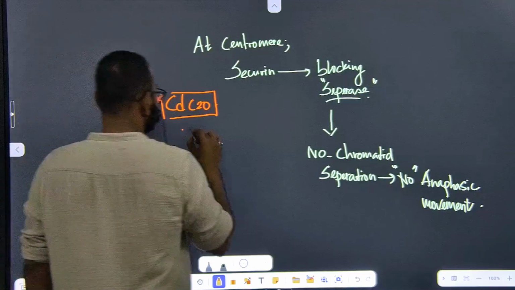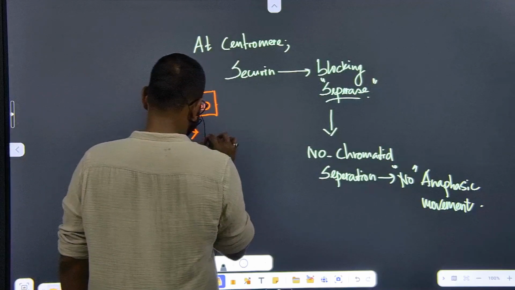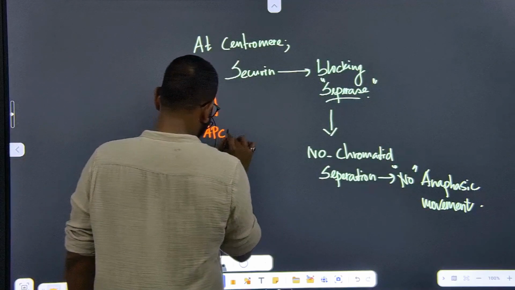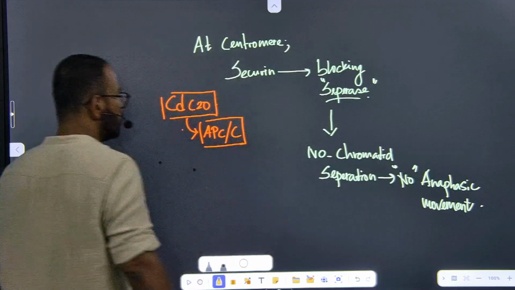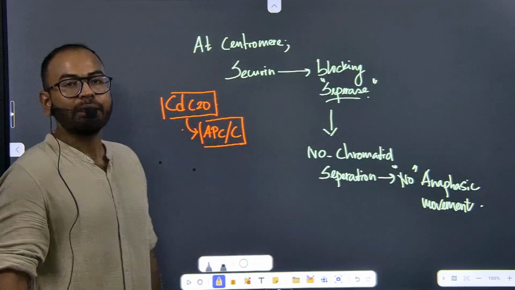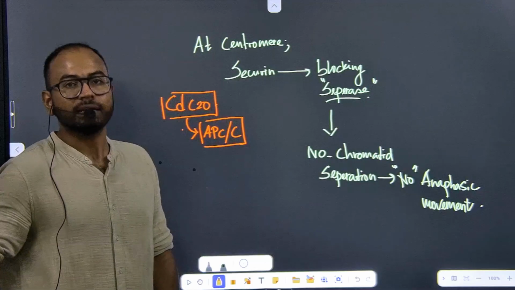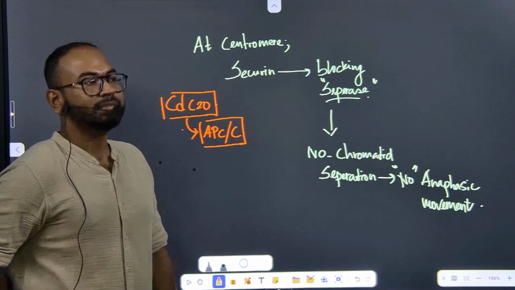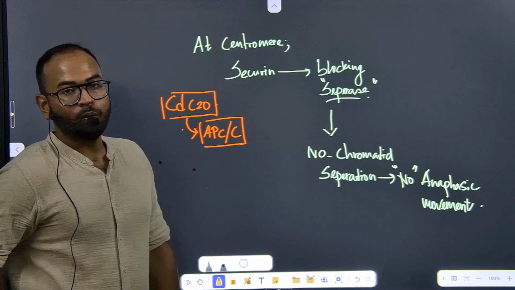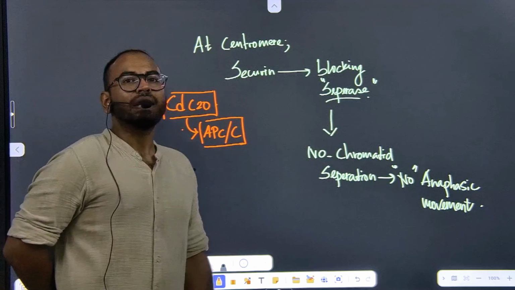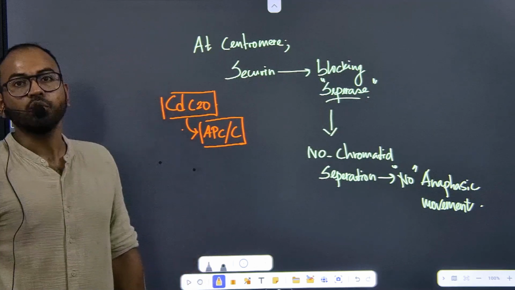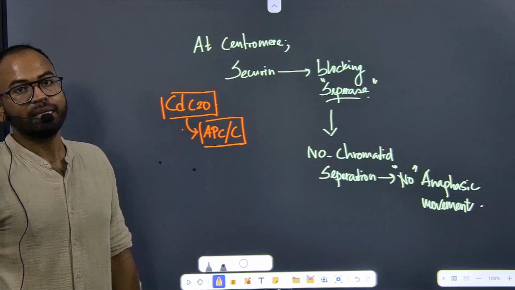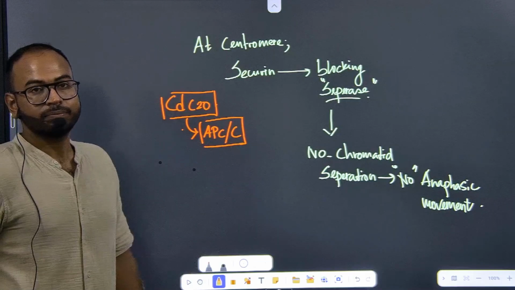CDC20, what it does, it binds with APC by C. Now, we all have come across APC by C in my previous class. APC by C, by means of CDH1 activity, degrades or dissociates the cyclin B. That is the regulatory aspect.